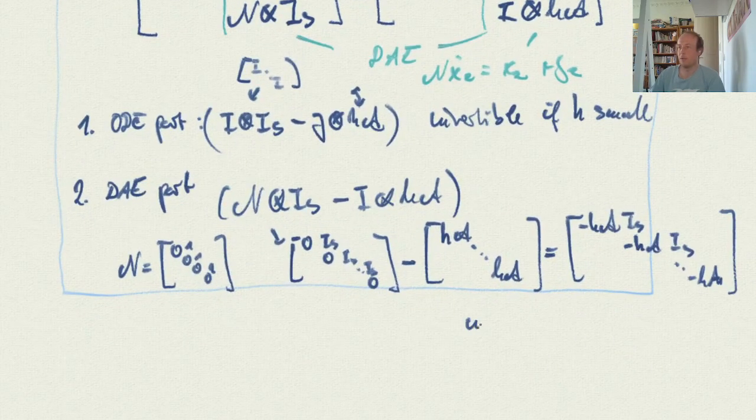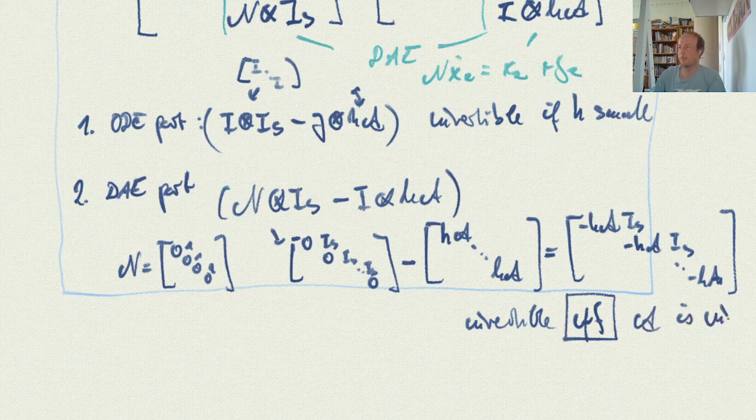And this is invertible if and only if A is invertible, which is if and only if the RKM is implicit.